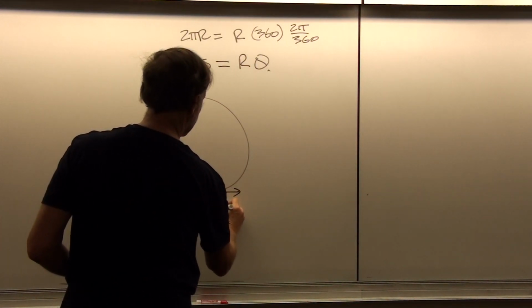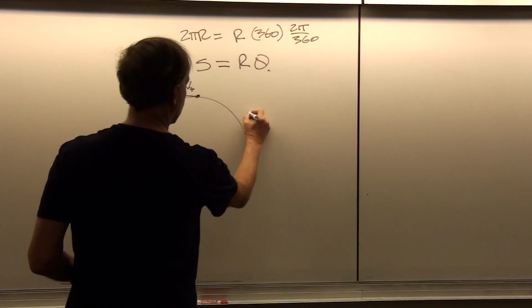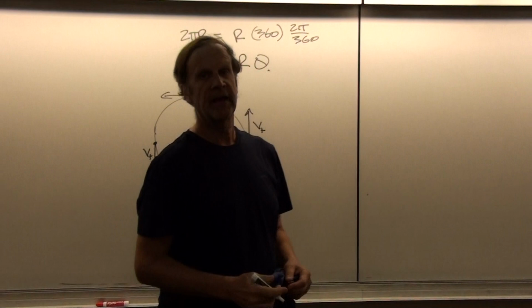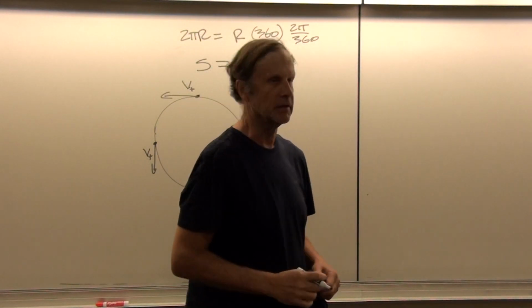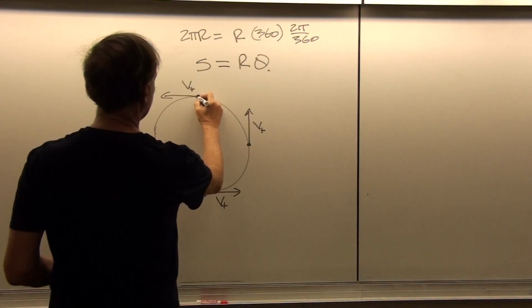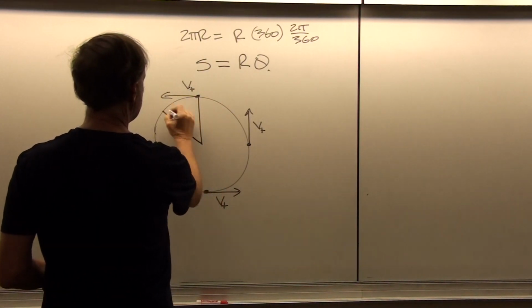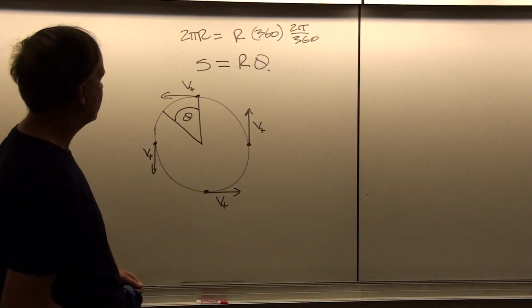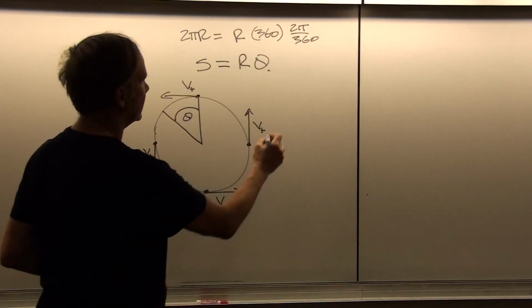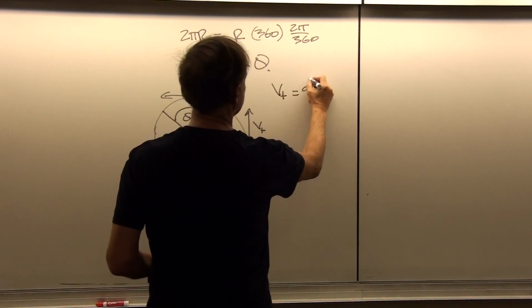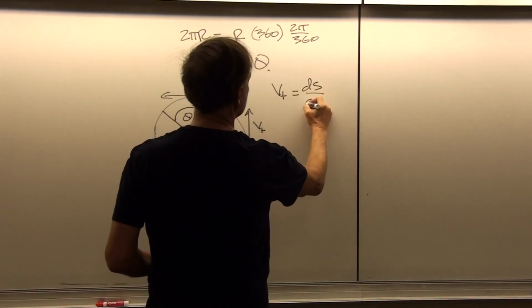So let's look at the simple case that we looked at before with uniform circular motion, in which the tangential velocity was a constant. If that's the case, then as we sweep out an angle theta, we are going to have a rate of change of arc length. And so V tangential will equal d arc length dt.